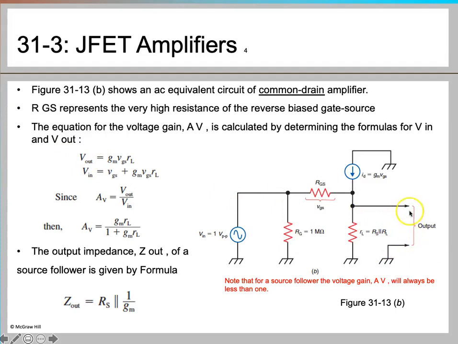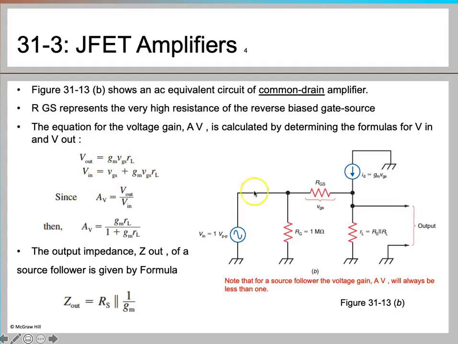The output you are taking from this source side, so this current will be flowing out here. So ID RL, the same formula which you used in the previous AC circuit, is going to be your output voltage, where ID is GM VGS, and that's what you see here, and RL.